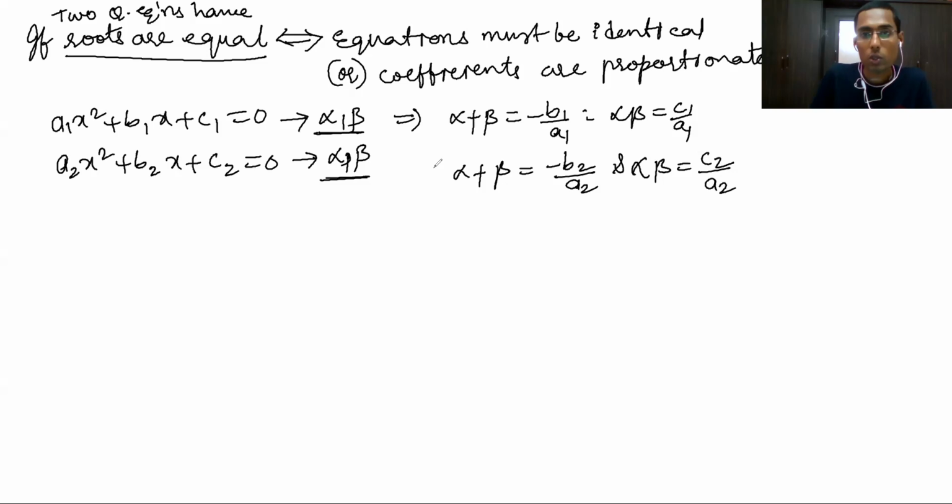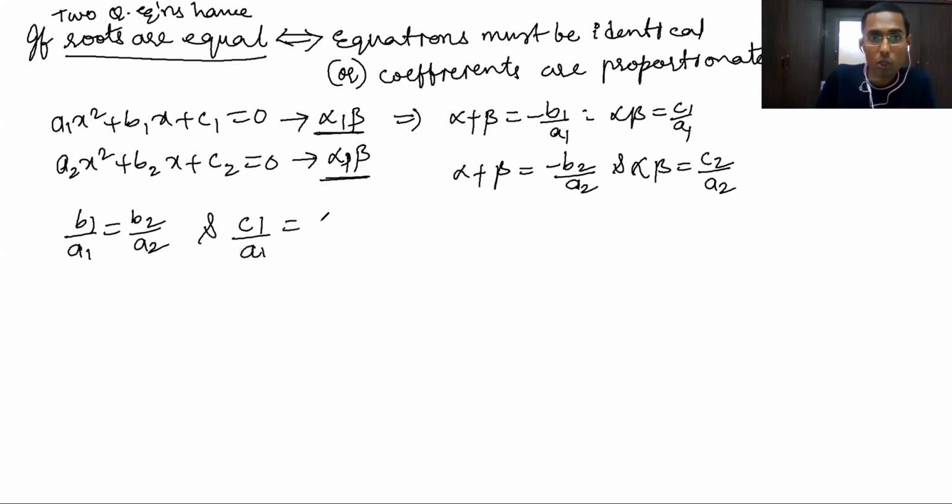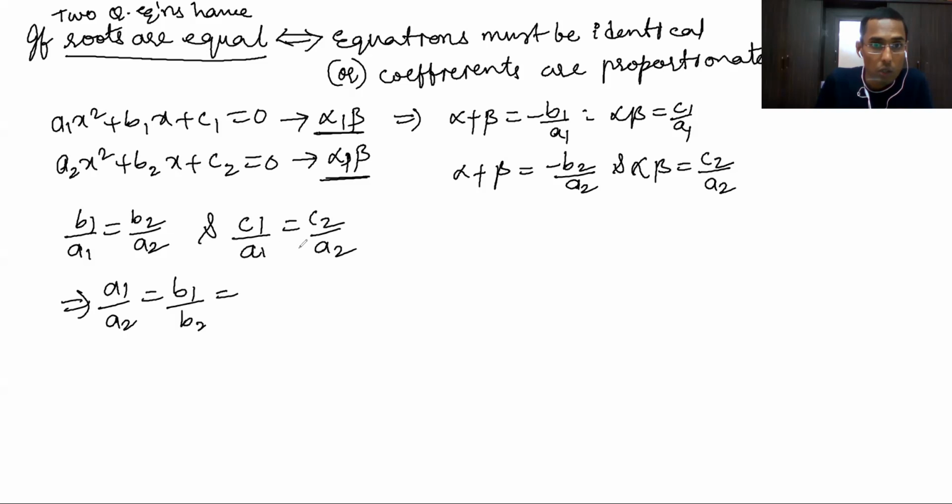So what you can conclude from this is alpha plus beta equal to B1 by A1 equal to B2 by A2, and another thing is C1 by A1 equal to C2 by A2. From this, you bring this side, A1 by A2 equal to B1 by B2. And here also, if you bring this side, A1 by A2 equal to C1 by C2.